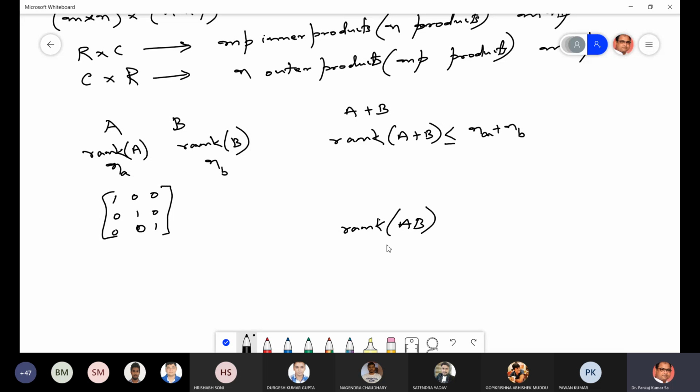But while scaling, if I scale the columns of matrix A, will the nature of independence alter?